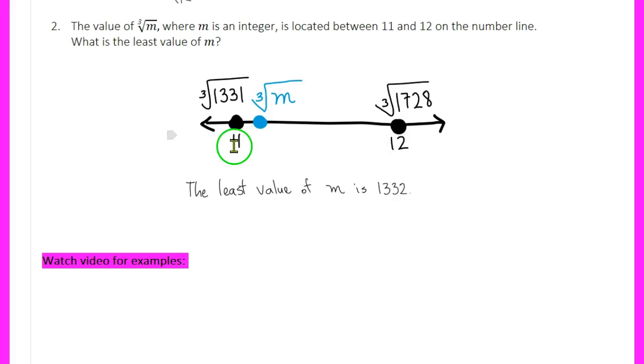Perfect cube for 11 is 1331, and perfect cube for 12 is 1728. Now, since we are looking for the least value, it should be the number that follows 1331, which is 1332. So the least value of m is 1332.